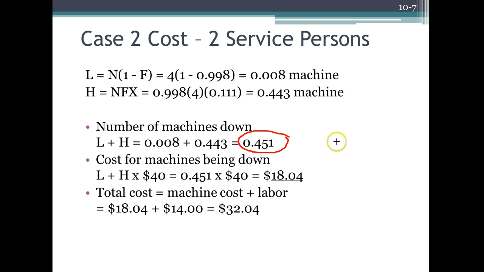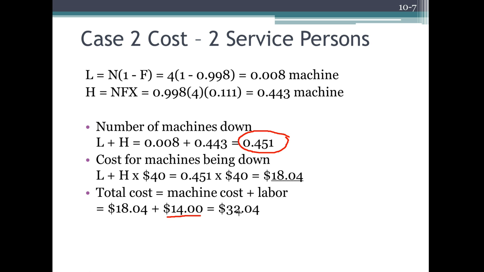But then we also have to consider the machine down cost for two servers. That's 0.451 times $40 or $18.40. But then the labor cost doubles. So we have a labor cost of $14. So the total cost of two service persons is $32.04.